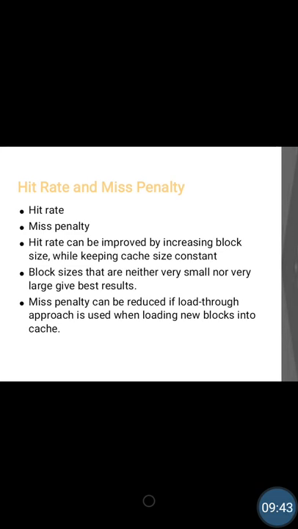If I get 6 words, then 6 by 10 is the hit rate. 4 misses occur if the data is not present in the cache, then it is a miss. So if the number of misses is stated as a fraction of attempted accesses, then it is the miss rate. So among 10, 4 misses have occurred, so 4 by 10 is the miss rate, right.